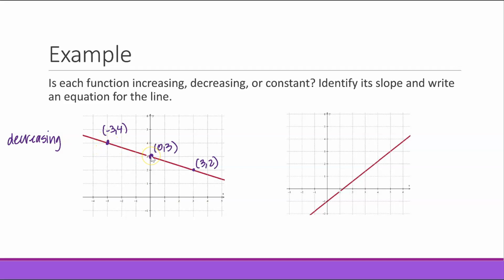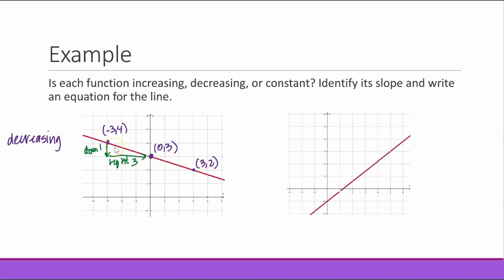How do I get to 0, 3? Well, I'm going to travel down 1 unit. So I'm going to travel down 1. And then I'm going to travel to the right, to the right 3 units. And it didn't matter if I had picked this point here, 0, 3, and how did I get to 3, 2? I'm going to go down 1, right 3 again.